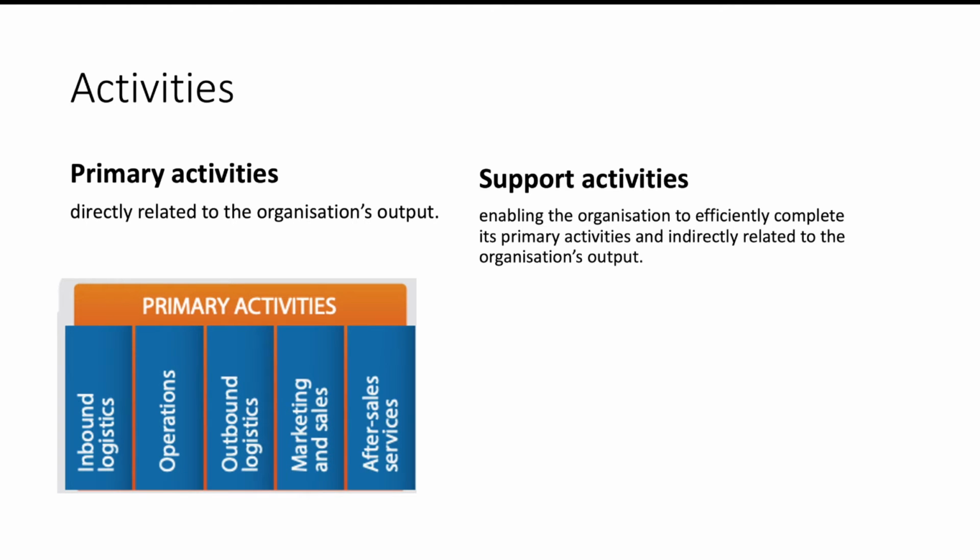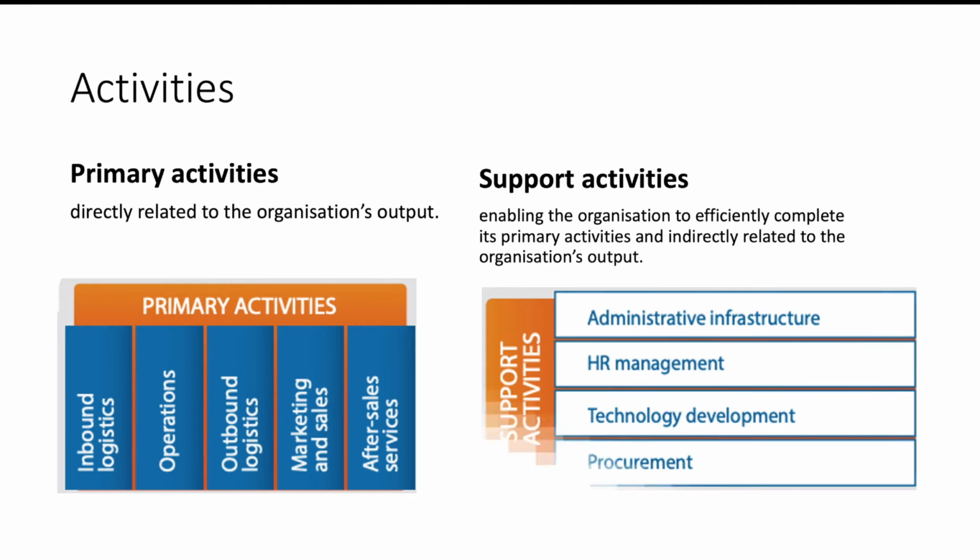These are examples of primary activities: inbound logistics, operations, outbound logistics, marketing and sales, and after sales services. And the support activities are administrative infrastructure, HR management, technology development, and procurement. Why are we segregating these two activities? Because you have to understand what primary and support activities are before analyzing Porter's value chain, because that is really important.